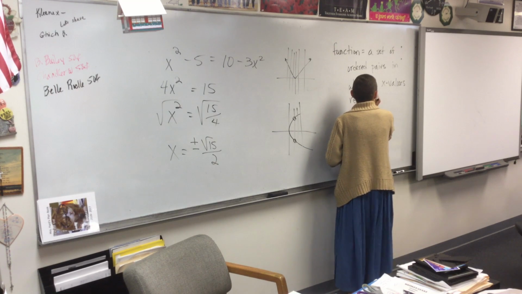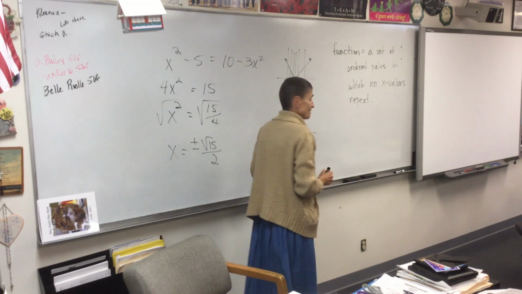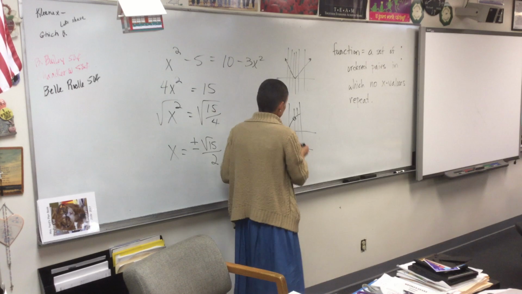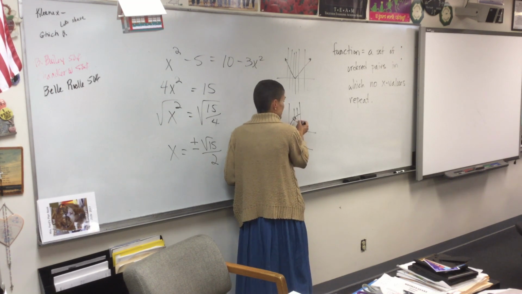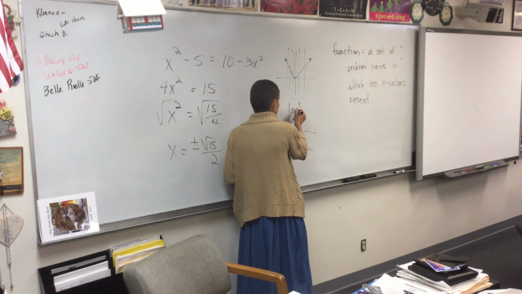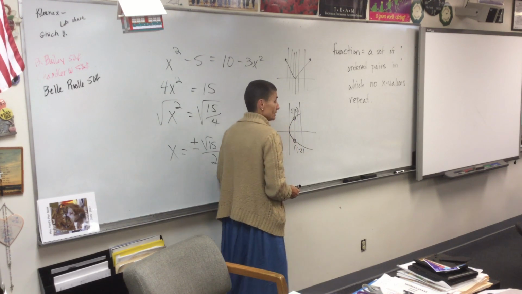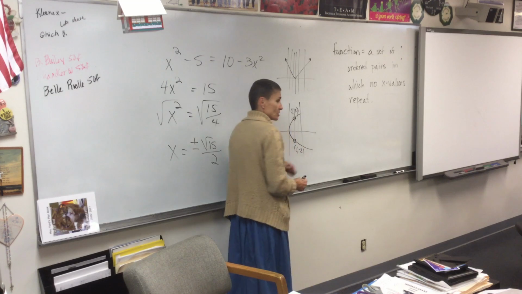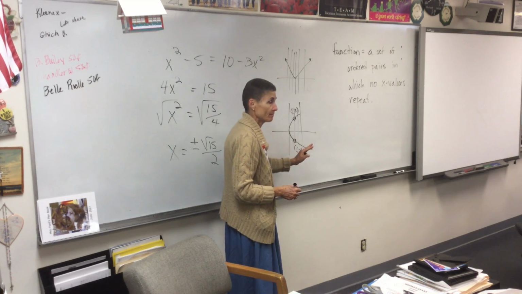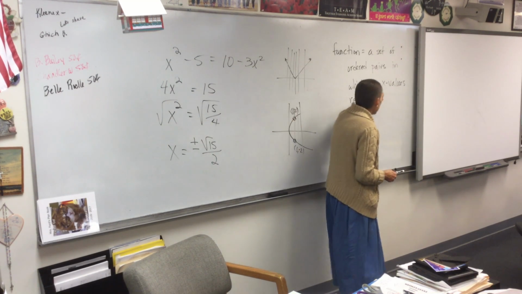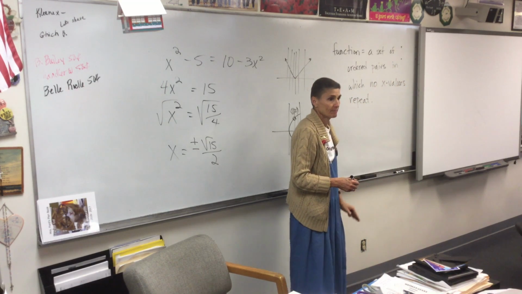Does that sound familiar to you? It's why the vertical line test works. Both of these points have the same x coordinate. This might be the point 1, 2, and this is the point 1, -2. X's are repeated, so it's not a function. In a function, no x's can repeat.